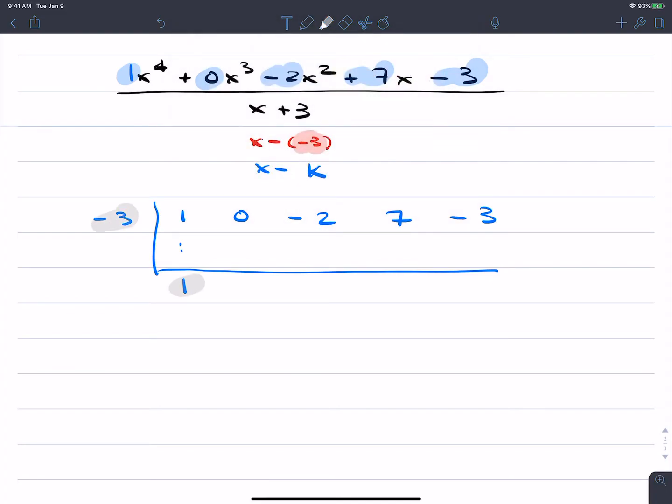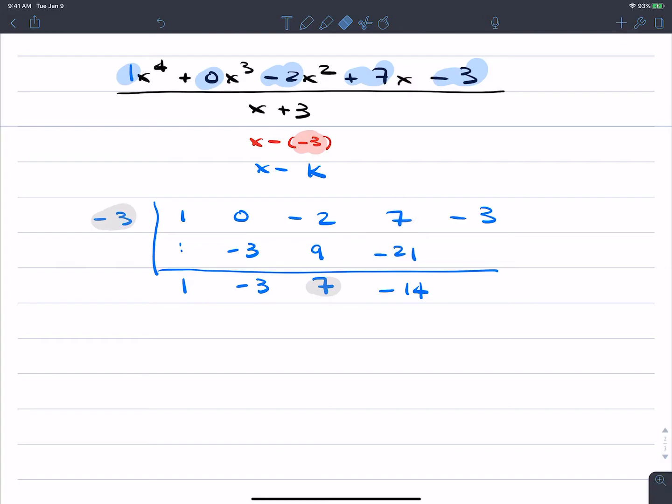Now, negative 3 times 1 is negative 3. 0 plus negative 3 is negative 3. We get to repeat the process. Negative 3 times negative 3 is positive 9. Negative 2 plus 9 is 7. Negative 3 times 7 is negative 21. 7 minus 21 is negative 14.